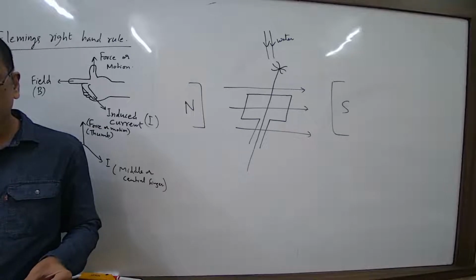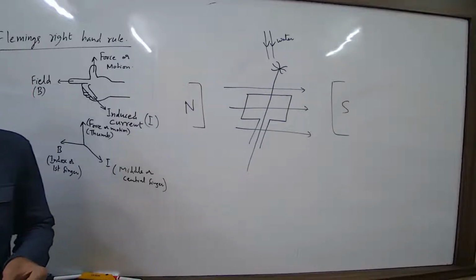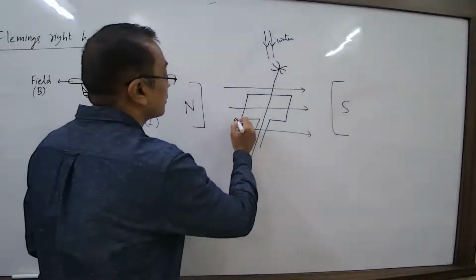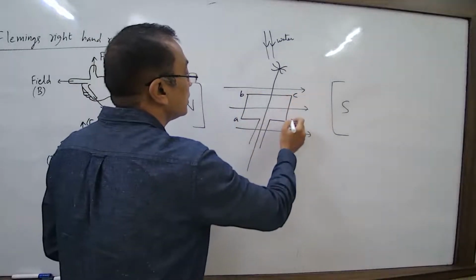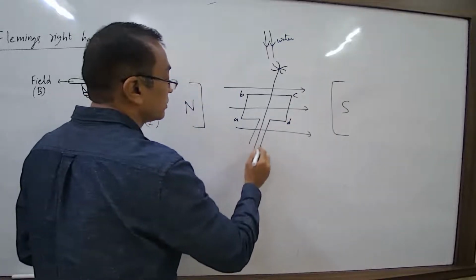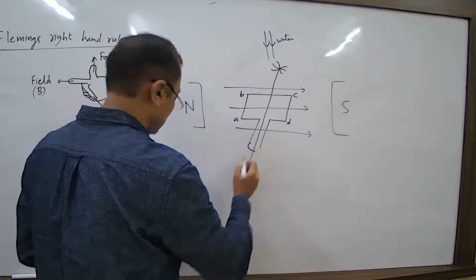Then what was Faraday's law? Whenever the flux changes, current will be induced in it. So now how will the current be induced? Now see, what is the direction of current in the coil? For that, the coil has 2 edges, right? So let me name this as A, B, C, D. Then what I will do is, I will connect a ring over here.